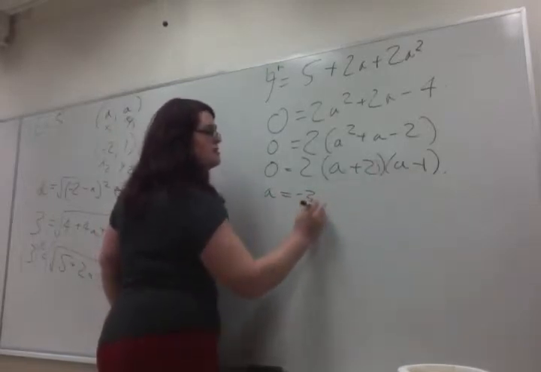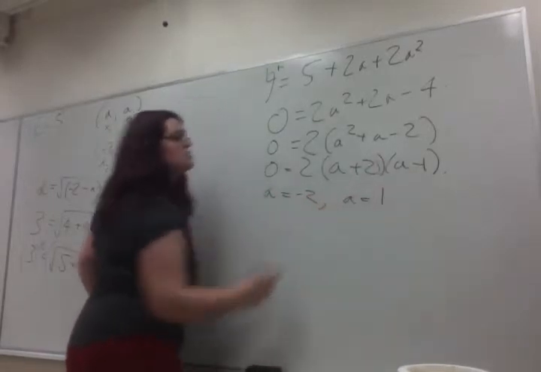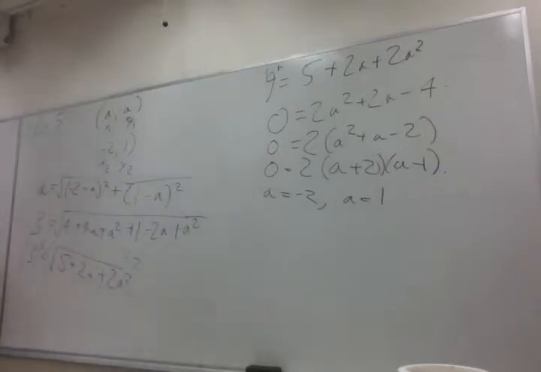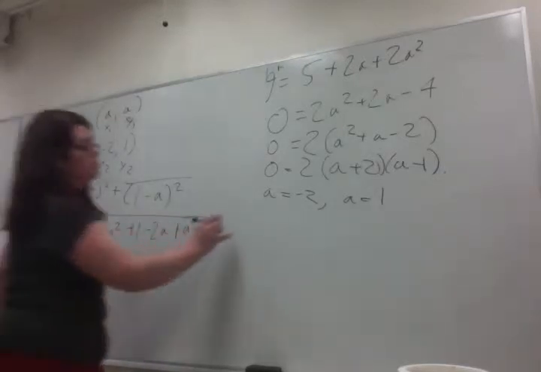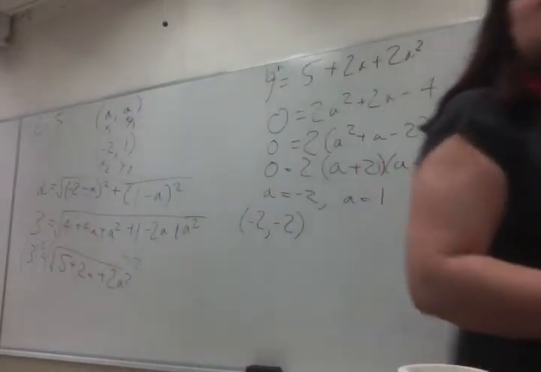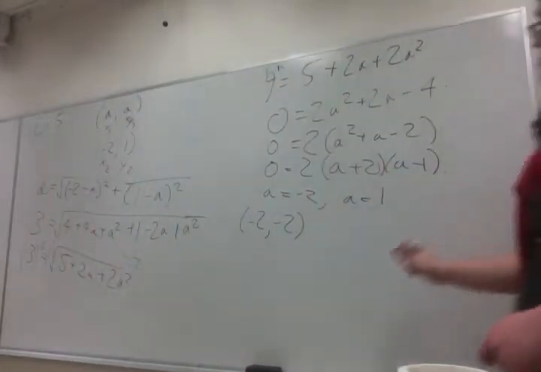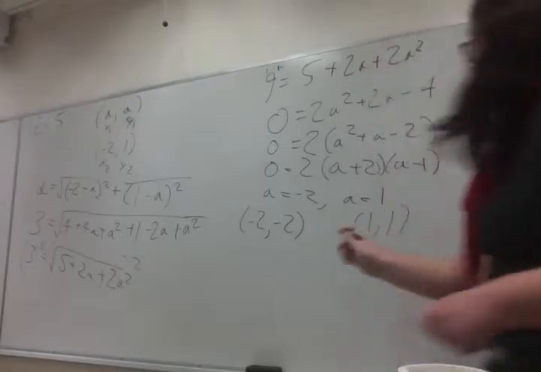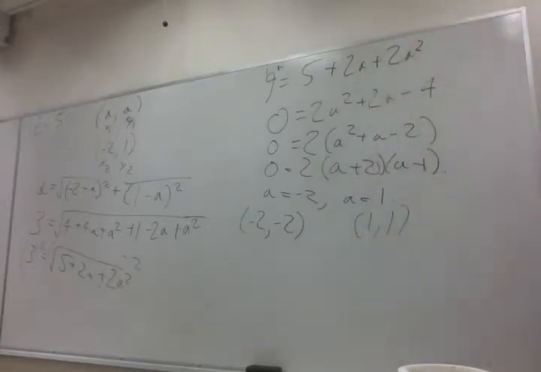If the third thing is 0, that happens when a is 1. So if a is -2, we get the point (-2, -2). If a is 1, we get the point (1, 1). So those are the 2 points that are at a distance 3 from the point (-2, 1).